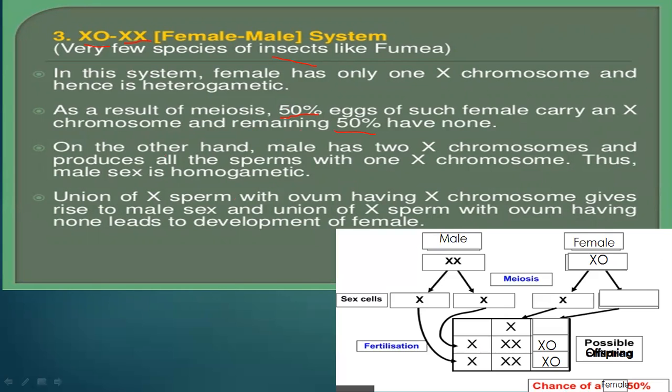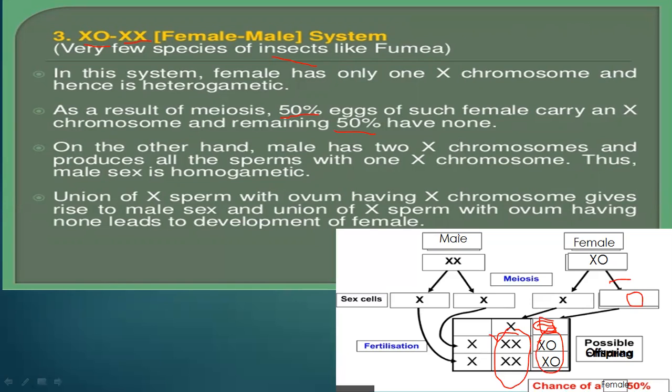So here we can see that here is none. It means no sex chromosome in this gamete is present. So when there is a cross between XX and X naught, you can see here 50% female and 50% male.